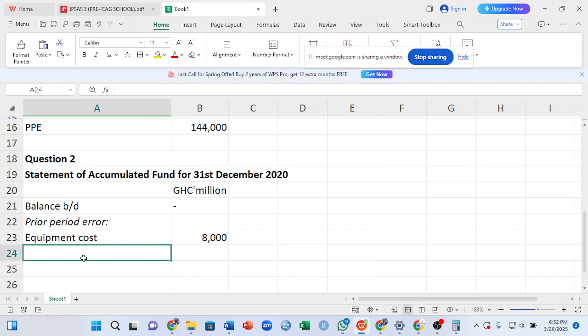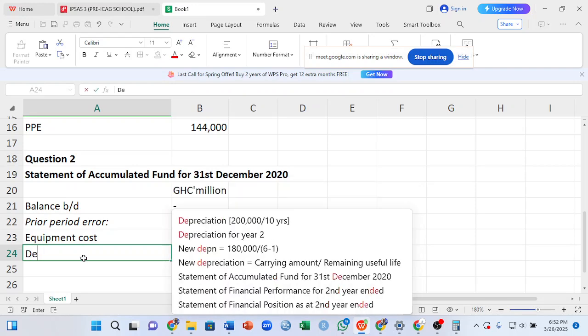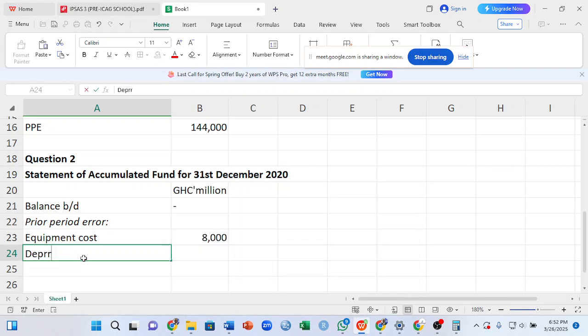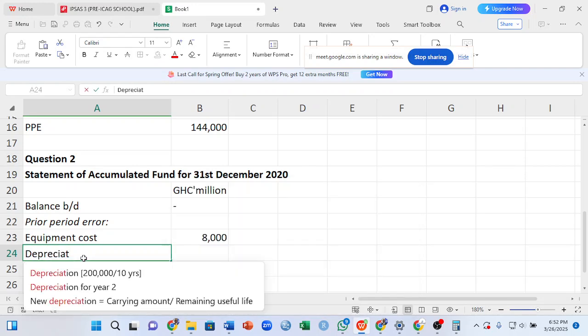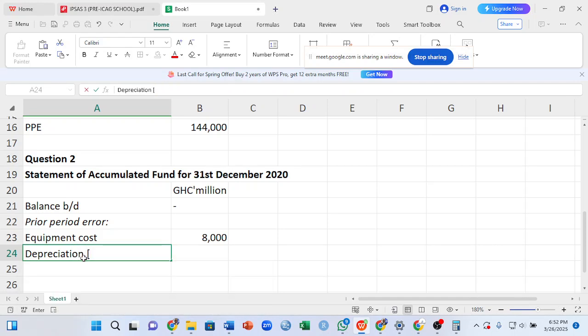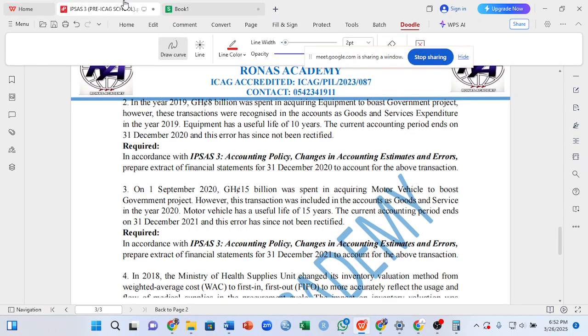So we are done with the equipment cost. The next thing we need to focus on is the depreciation. We have to calculate depreciation for this item of equipment. How do we calculate it? We bring the cost, which is 8 billion, divided by the useful life. What's the useful life in this case? It's 10 years.